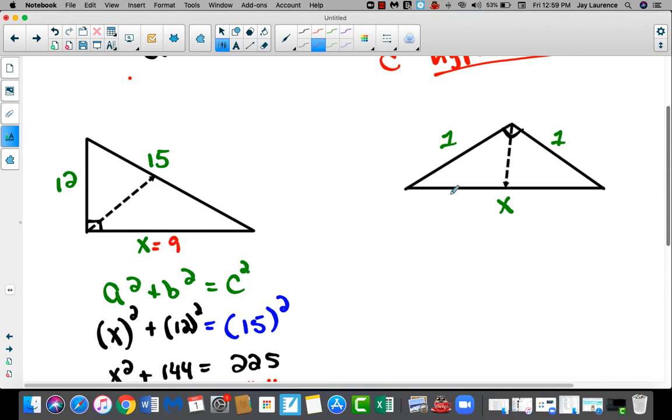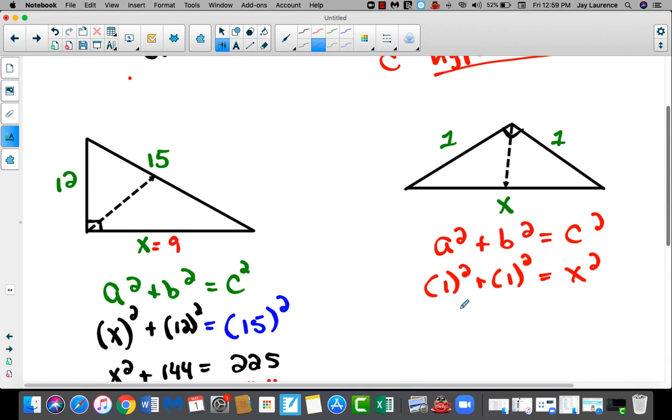Okay? Now, in this situation, I have a squared plus b squared equals c squared. My variable is the unknown. So I'll fill in 1 and 1, and I will get 1 squared is 1, plus 1 squared equals x squared.